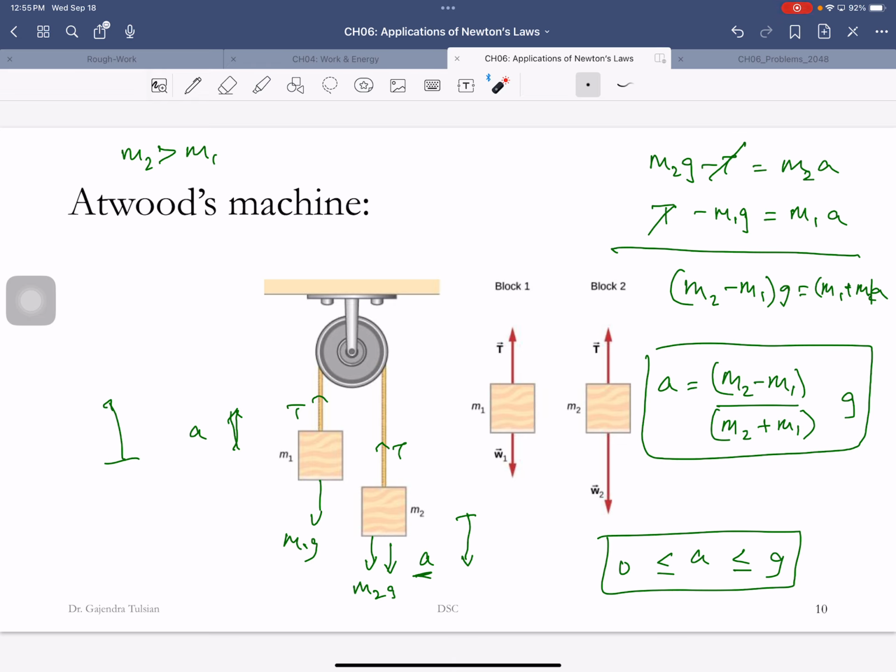You can measure that acceleration, measure this guy, and calculate g. That was the idea. The message we are trying to convey is that when you have a system with multiple objects, you can apply Newton's laws to individual objects.